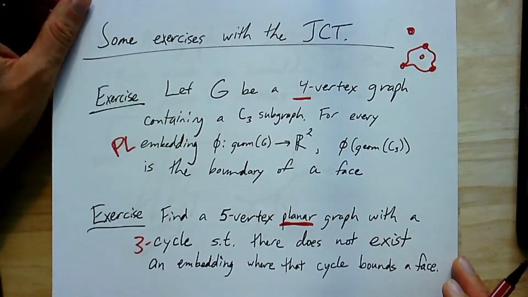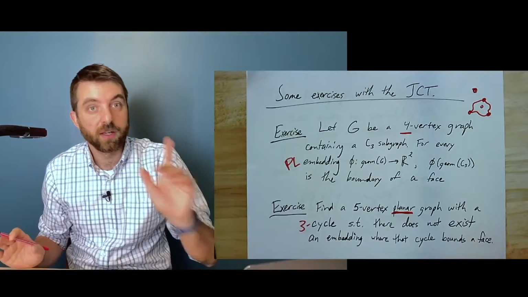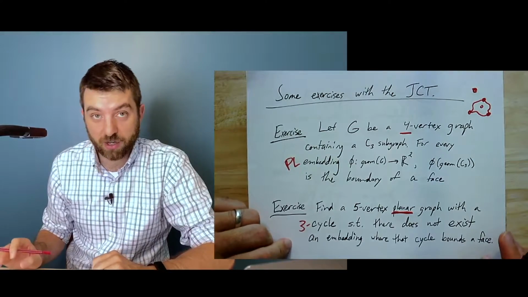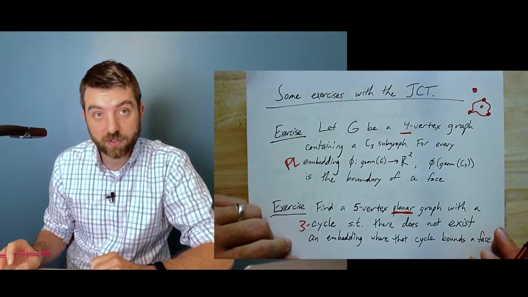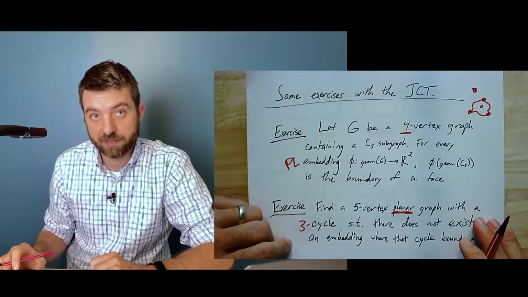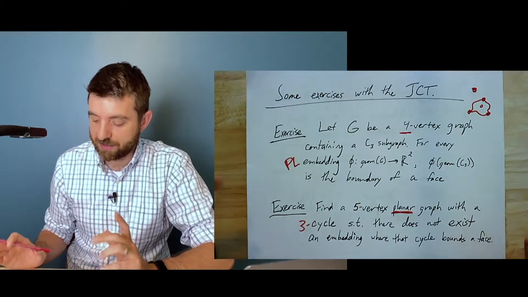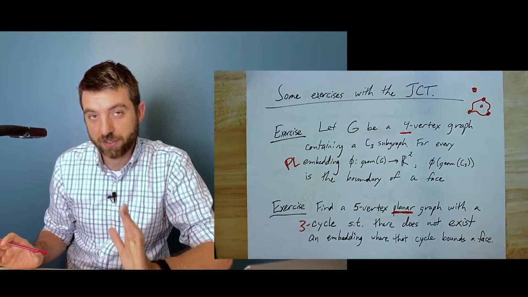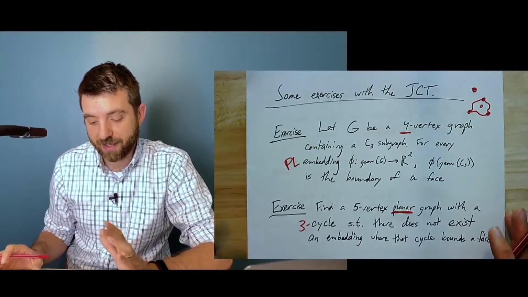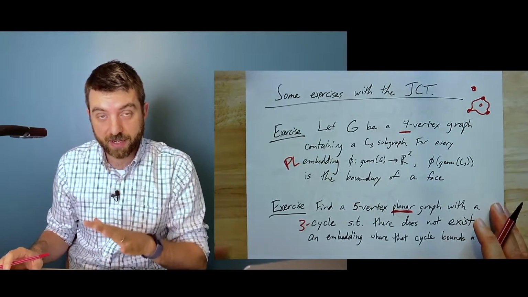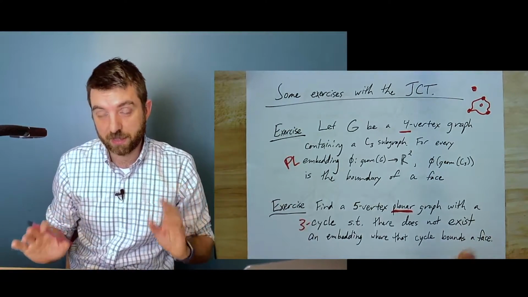Now, this is also a good opportunity for me to mention something about how we talk about graphs. Once we start talking about planar graphs and embeddings of planar graphs, it's very tempting, and I'm going to do this by accident and sometimes maybe even on purpose, to talk about the embedding and the graph as being the same thing.